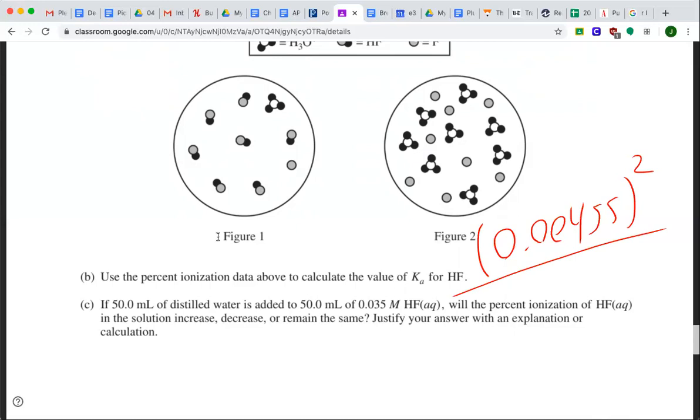Okay, that's 0.03045. Then you've got to actually do this out.